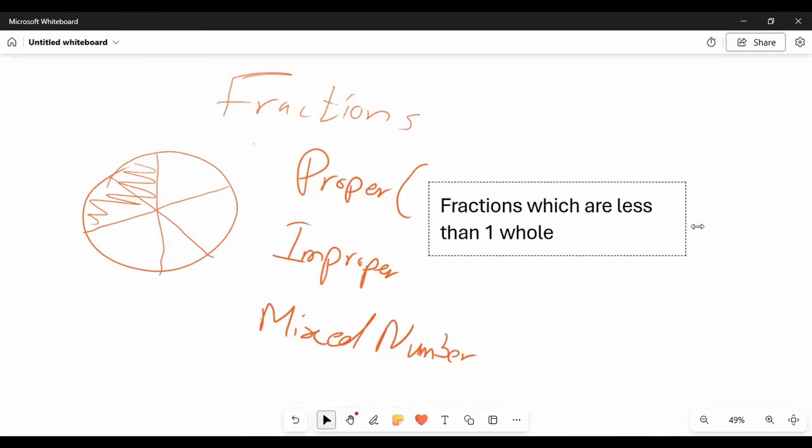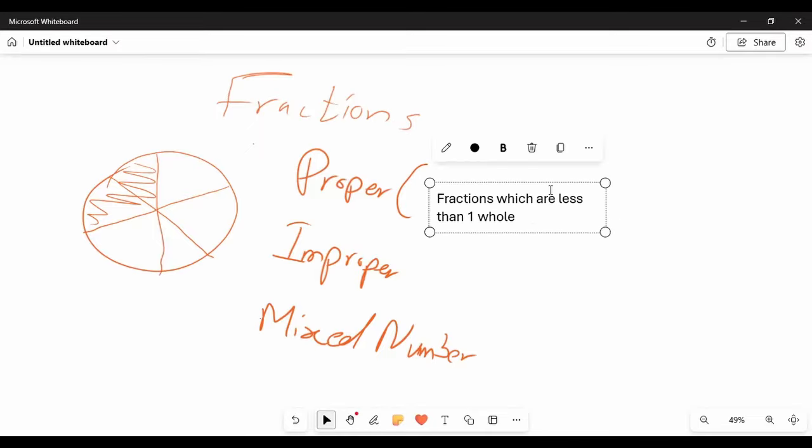Almost everyone said the numerator is smaller than the denominator, or the denominator is greater than the numerator. That is a strategy we can use to find a proper fraction.